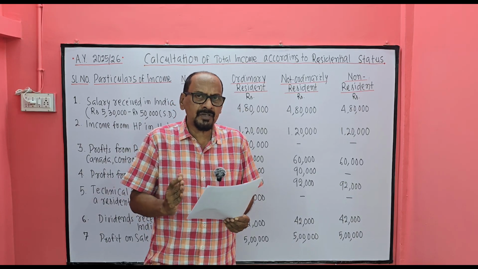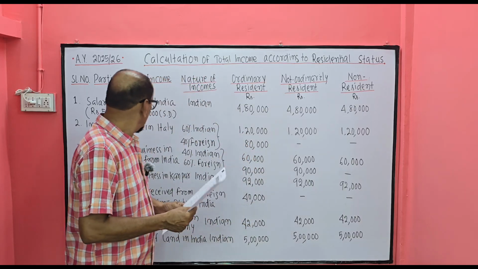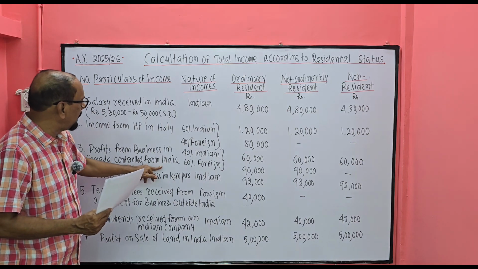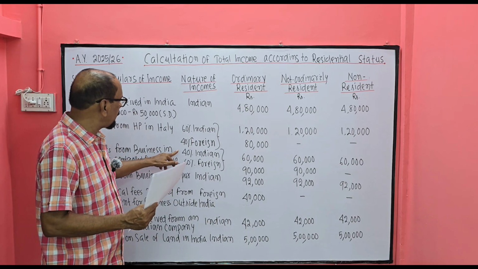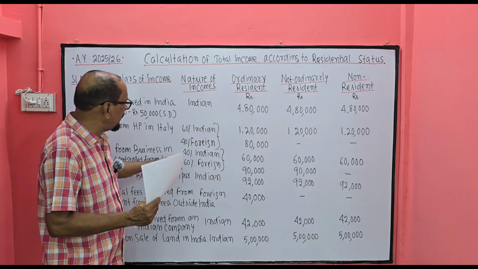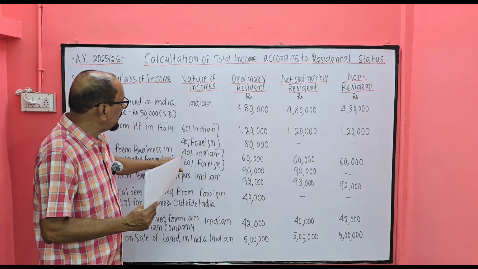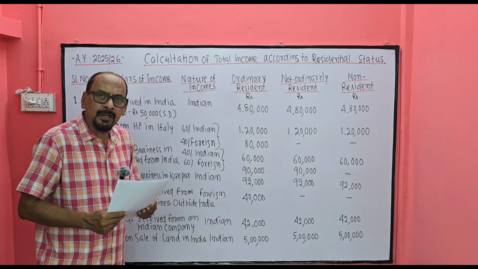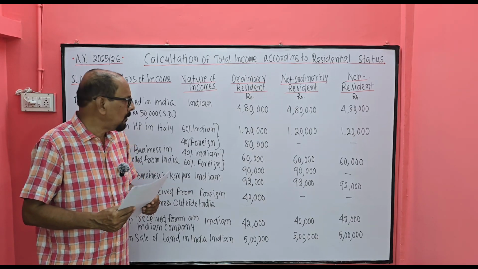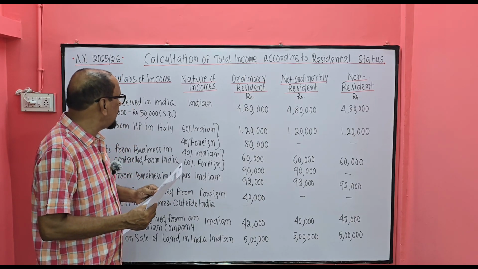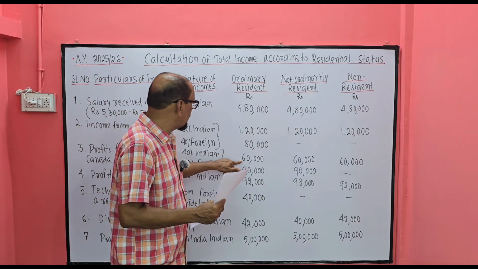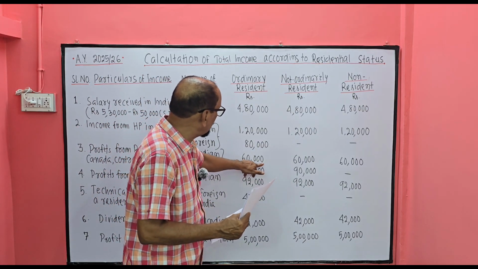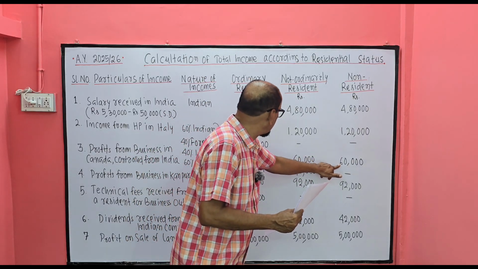Let us see how it is treated. 40% of the profit will be treated as Indian income, so 60,000 is taxable in all three cases: 60,000, 60,000 and 60,000.